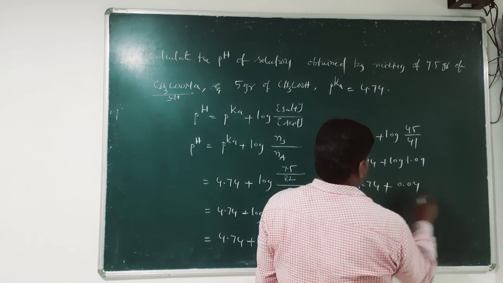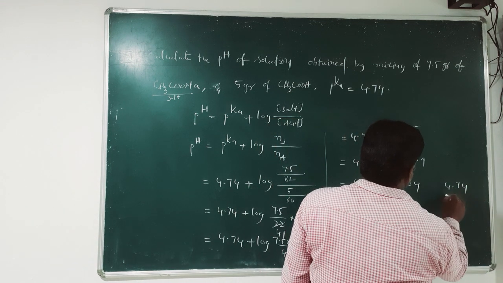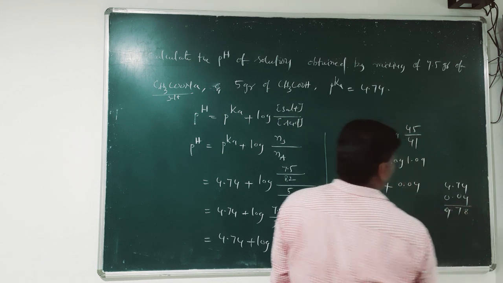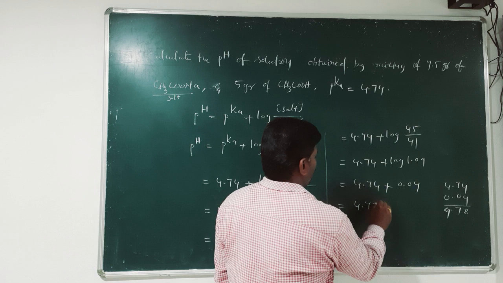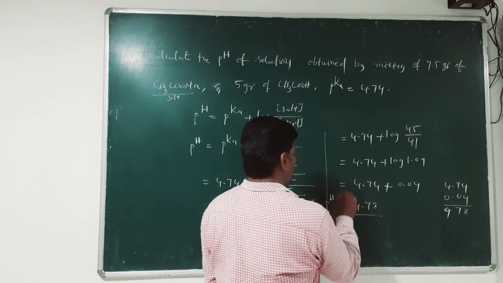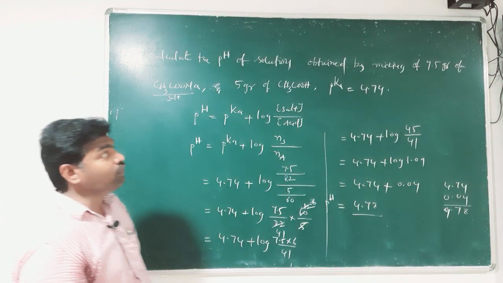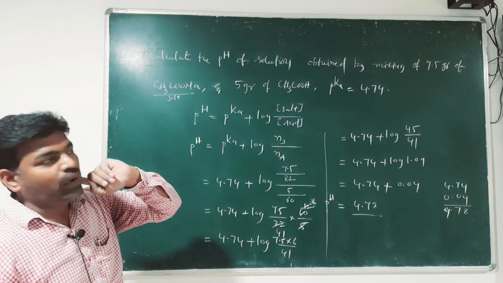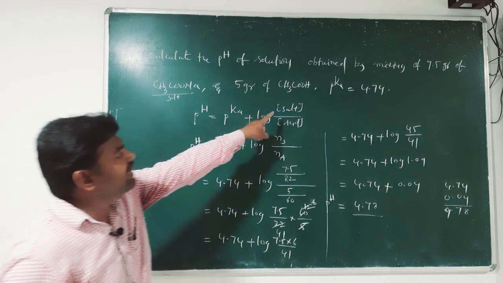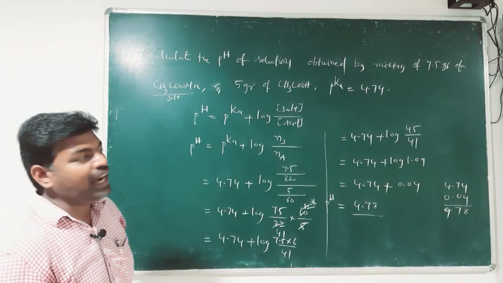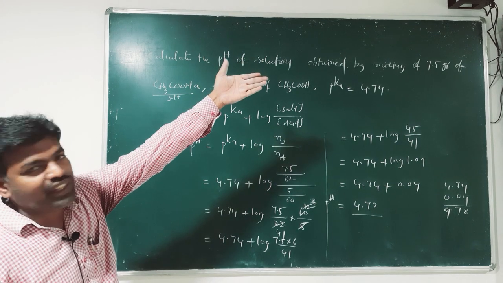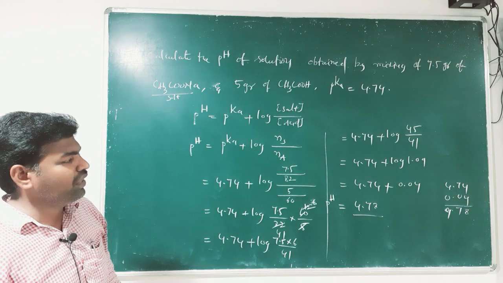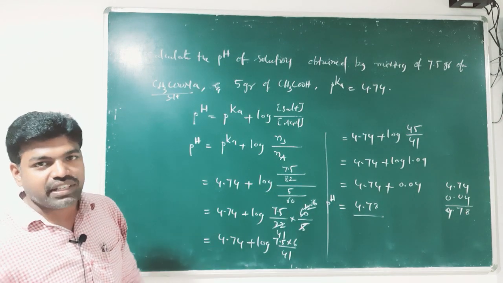So its value is 4.74 plus 0.04, that is 4.78. So the pH is 4.78. In this way we can calculate the pH when the weights are given. When the weights are given, we write the formula in number of moles, and dividing the weight of the given substances by their molecular weights gives the number of moles. So pH is equal to 4.78.